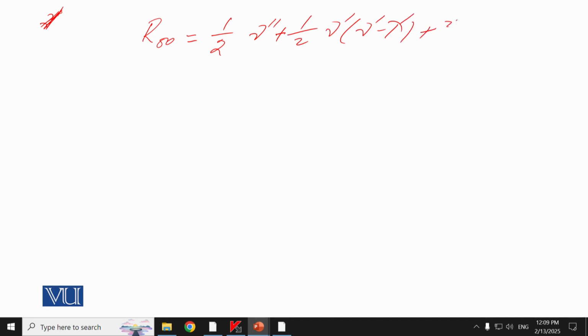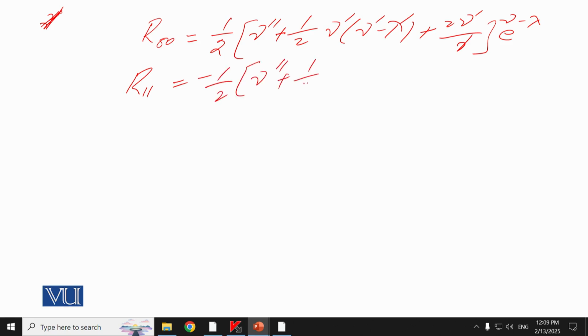Plus 2 nu prime over r e raised to power nu minus lambda. This is the 0 component. This is R11 minus 1 by 2 nu double prime plus 1 by 2 nu prime minus lambda prime plus 2 lambda prime over r.